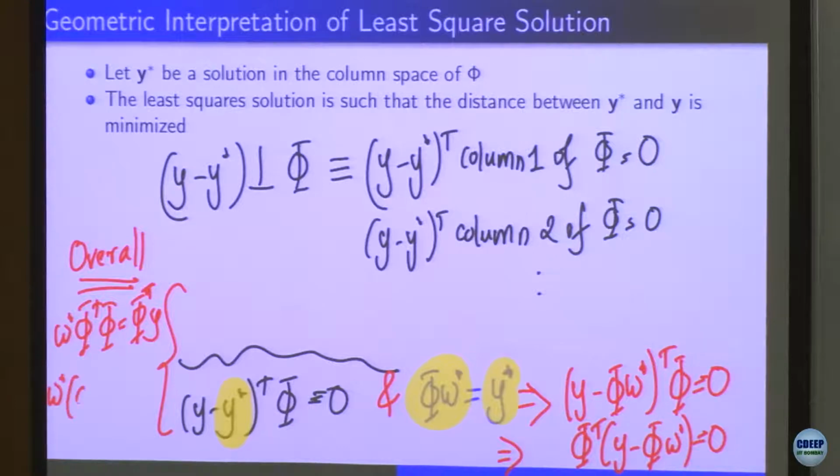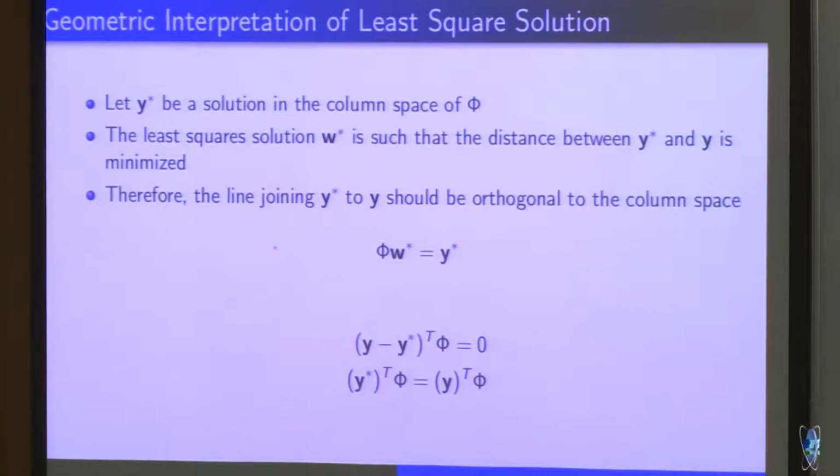So overall you'll get this. And again, if you assume invertibility of phi transpose phi, then you get w star is phi transpose phi inverse phi transpose y. The same expression where we began, using gradients. Is this clear to everyone? Okay, so this is summarized here.